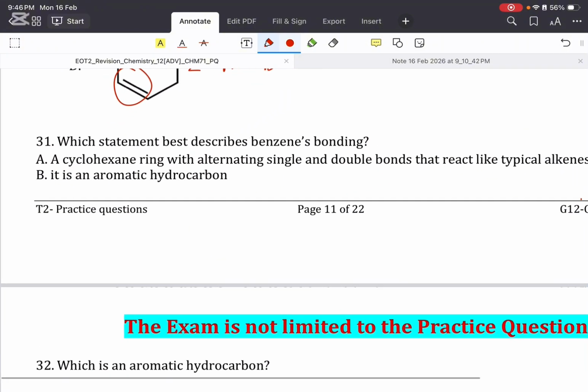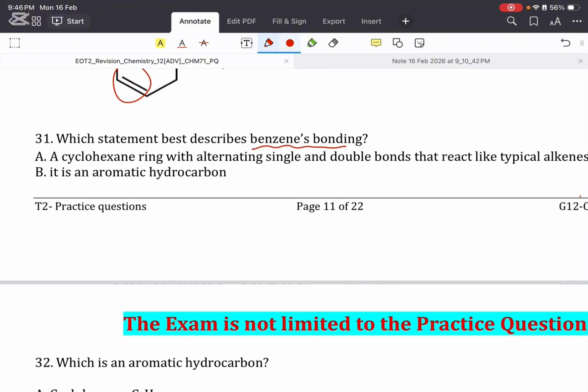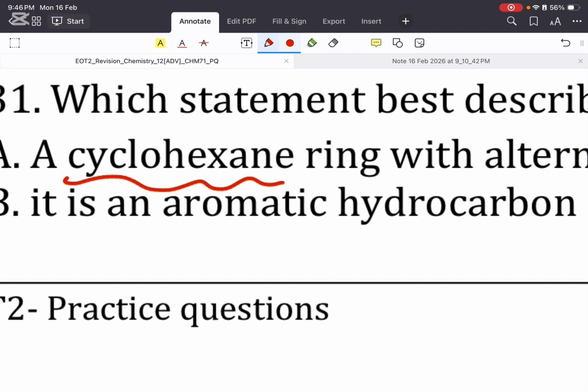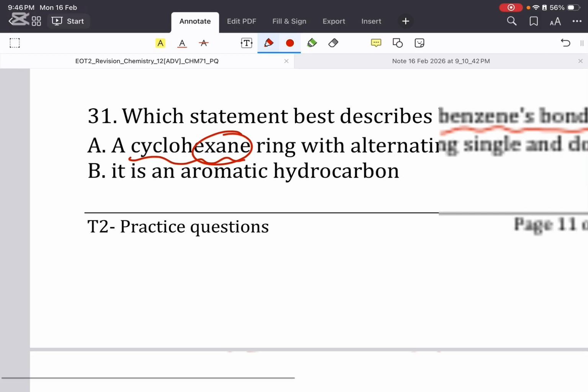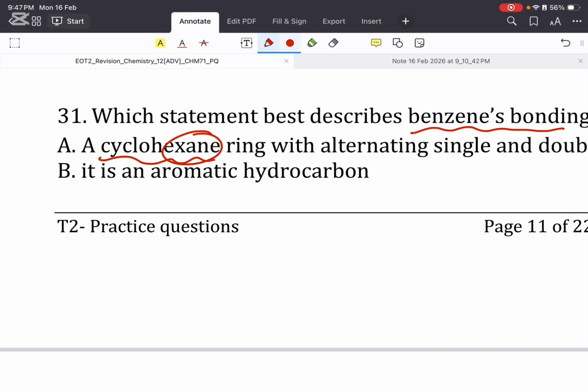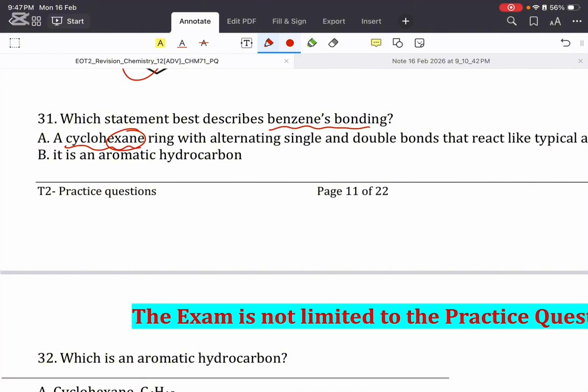Which statement best describes benzene's bonding? It's not a cyclohexane ring. I don't have an alkane, I have double bonds. And I don't call it a cyclohexane. I call it a benzene ring.